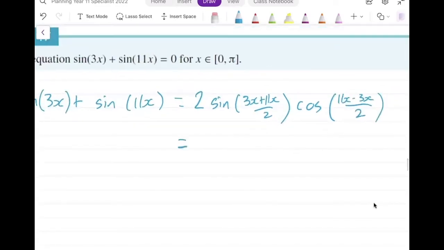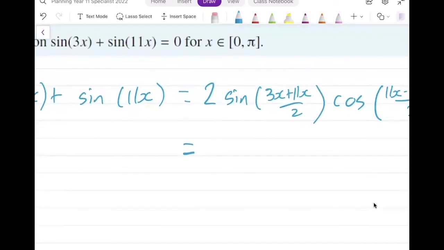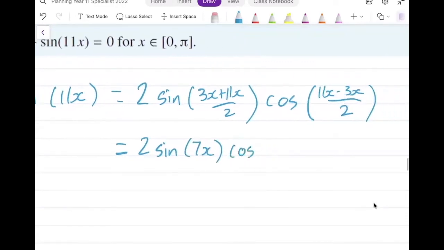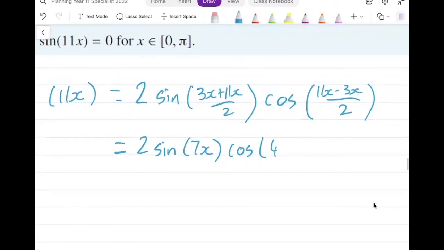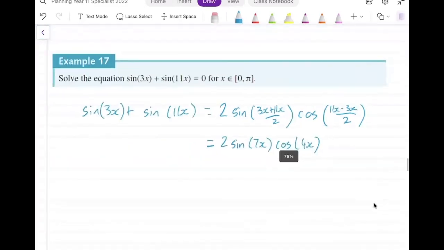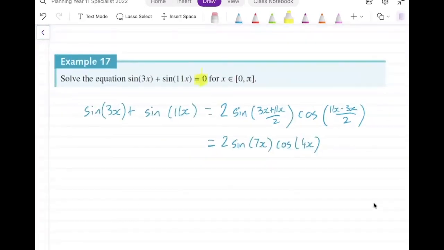You're going to find my answer is going to be the same as long as I take the positive solution. So if I go ahead and do this, 3x plus 11x is going to give me 14x. So that's going to become 2 sine, 14x divided by 2 is going to give 7x. And this is going to give cos, 11x minus 3x is going to give 8x, so it's going to become cos of 4x. Now, I know from my question, this whole thing here is equal to 0.